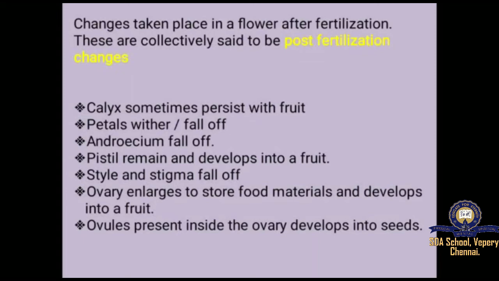Pistil remains and develops into a fruit. Style and stigma fall off. Ovary enlarges to store food materials and develops into a fruit. Ovules present inside the ovary develop into seeds. So these are the post-fertilization changes.